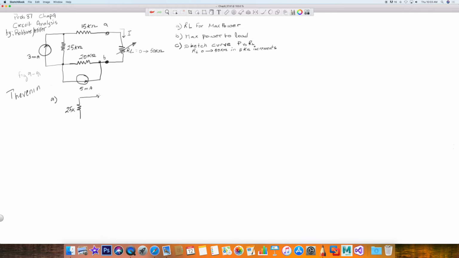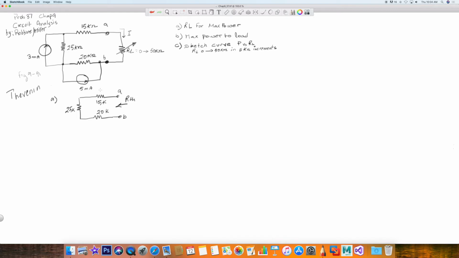Here's your 15K. And here's your 20K. And here are the points A and B, and we're looking at the resistance without the load into the system.